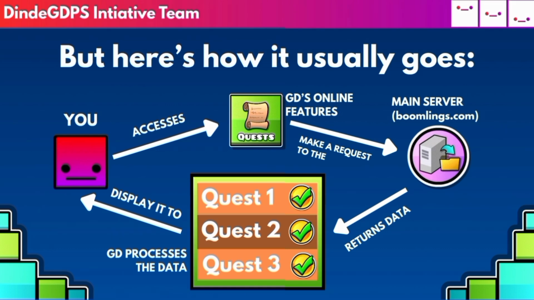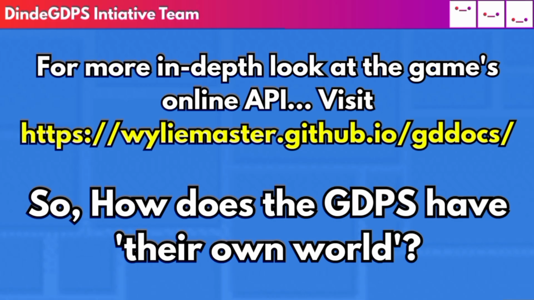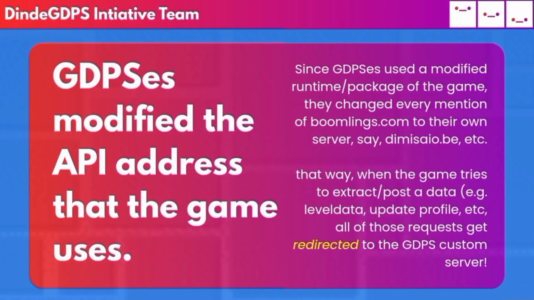Basically, you access the GD online features, then the GD online features make a request to the main server, which returns the data and displays it to you. And yeah, please do visit this guy's documentation, so you can implement the full API on your own, or at least get a sense of understanding how the GD API works.